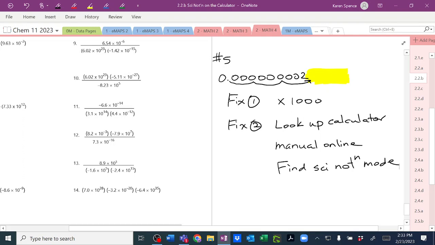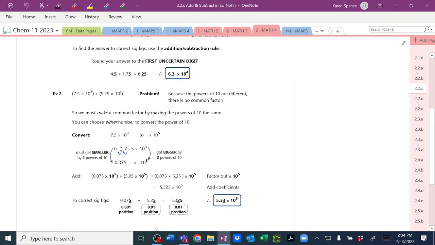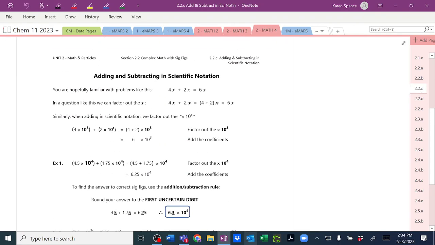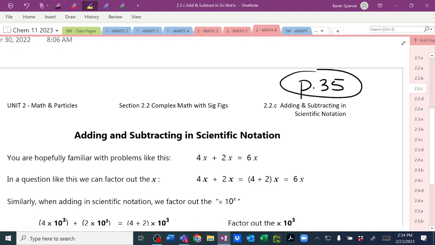Okay, let us move on then to page 35. This is adding and subtracting in scientific notation.